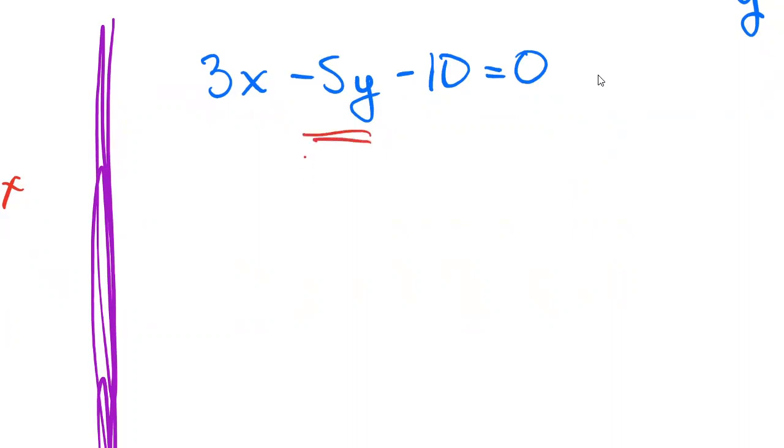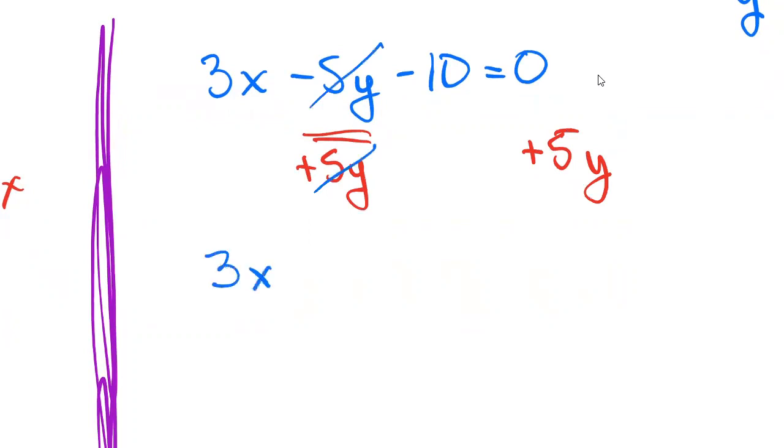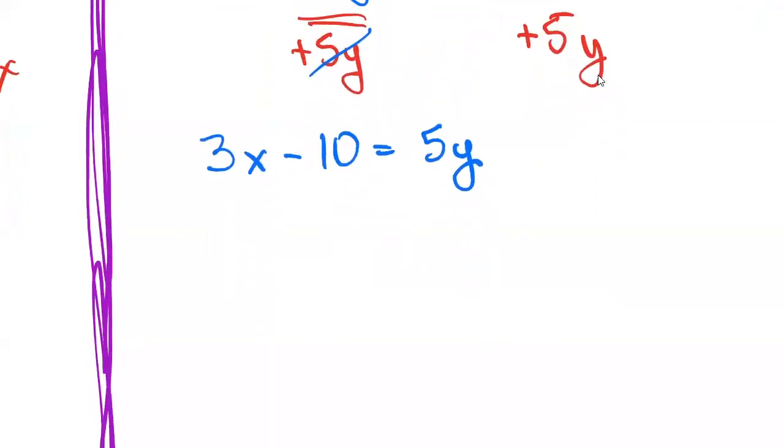So if I add 5y and I add 5y, then you can see I've potentially eliminated myself a step. Minus 5y plus 5y, those will cancel. I'm just left with 3x minus 10 is equal to 0 plus 5y, which is 5y. But then you might be asking yourself, well, that's not in the right order. That's kind of backwards. And this is what I mean, that you have to understand how to write these equations.